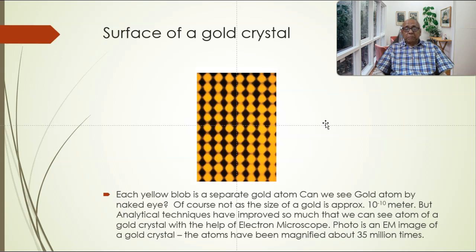But the electron microscope is a technique with which we can see the arrangement of a crystal of atoms, and this slide shows you that picture, and it is a 35 million times enlarged atom of a gold crystal.